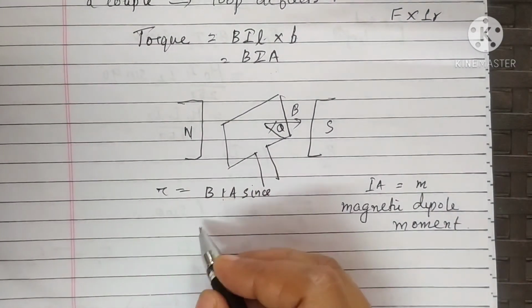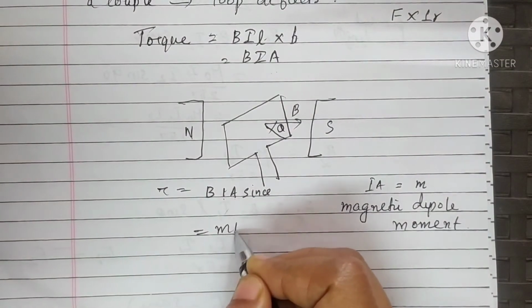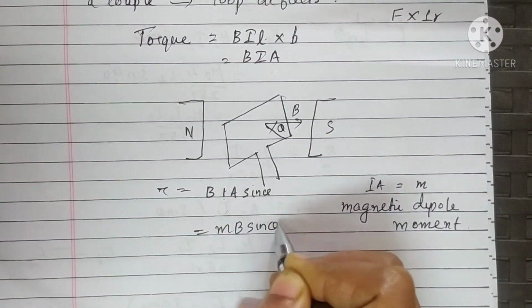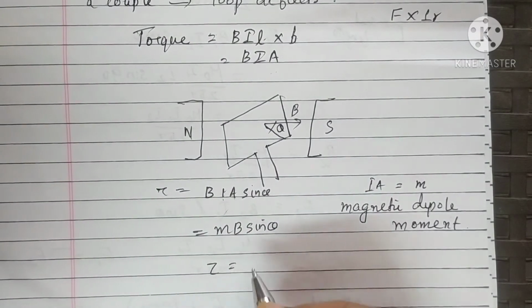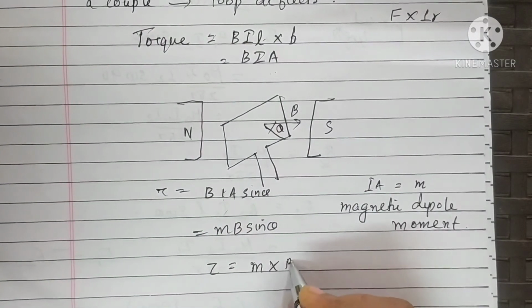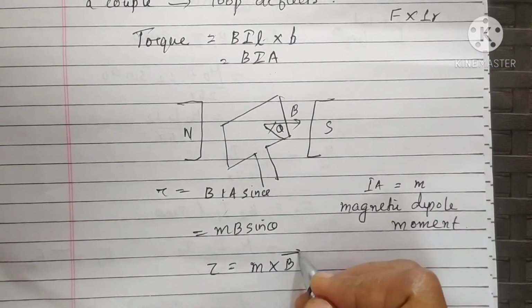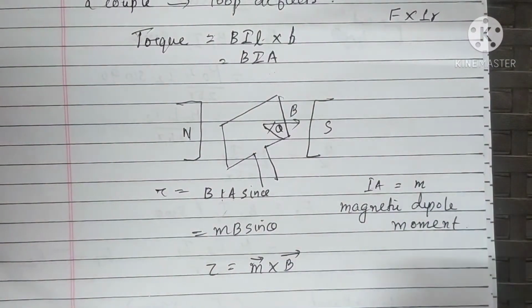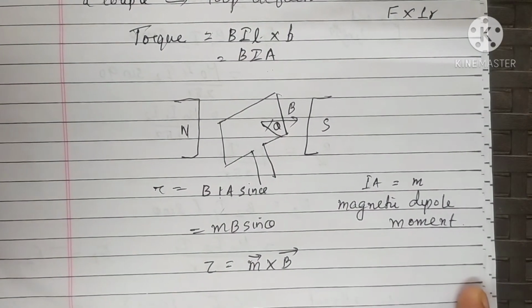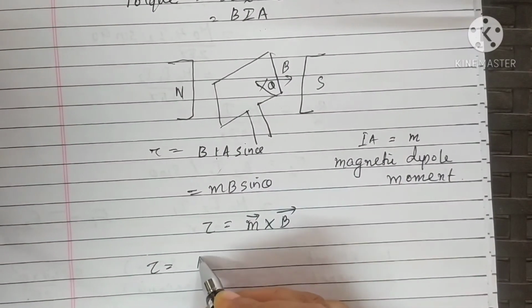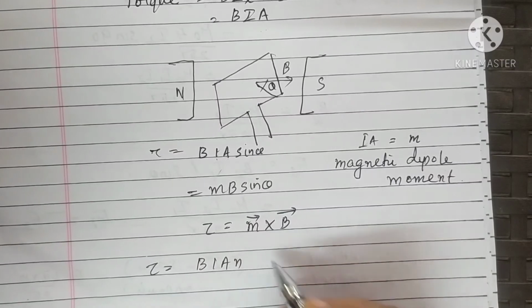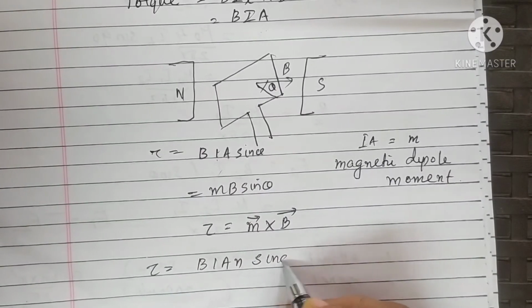Okay, so you can substitute here. So it will be MB sin theta. That is, torque is equal to M cross B. Clear? So if there are n number of turns in the coil, you can write tau is equal to BIAN sin theta.